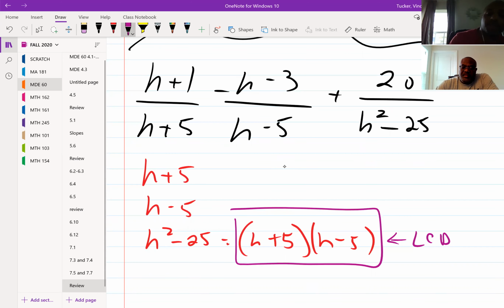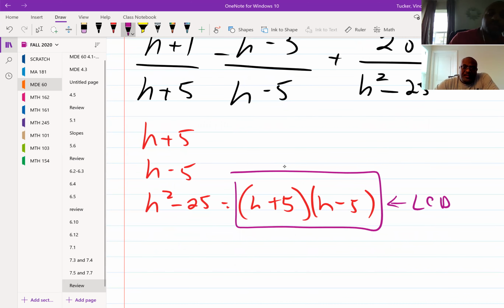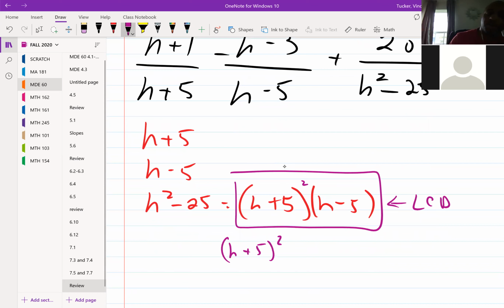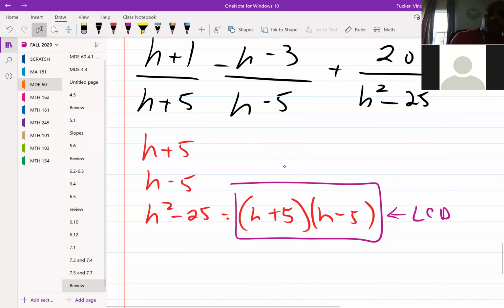So in other words, if I had h plus 5 squared, then I would have put h plus 5 squared. But you guys aren't seeing that yet, so you don't have to worry about it. I think in 7.4, we see that. You have to pick the highest power as your LCD.